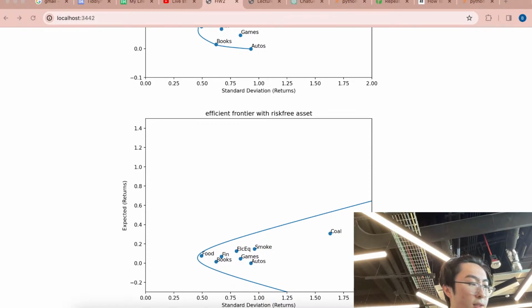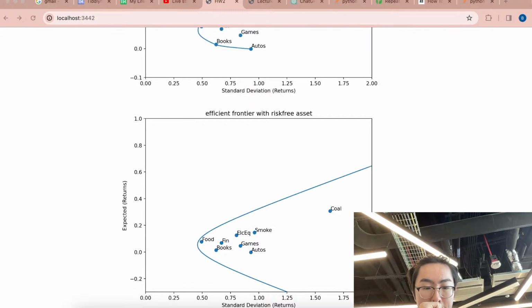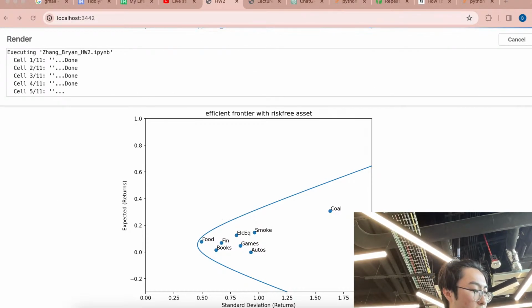So let's bring this down to 1. Okay, it's better. And I still feel like maybe 500 iterations is too much. I think 200 is probably a bit better. Oh, it still freezes actually, with 200.